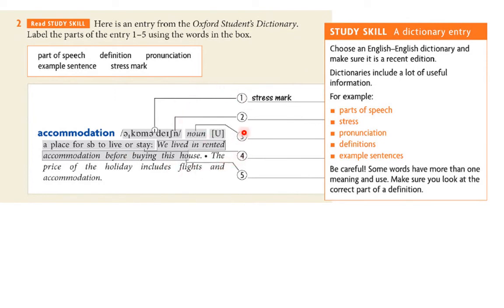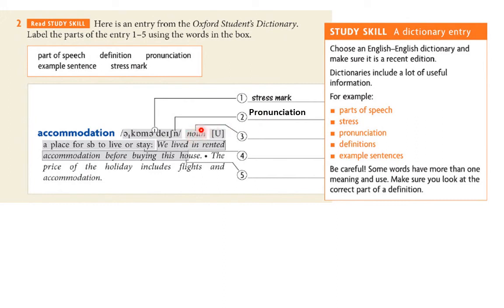Now let's go back again to the exercise, and it's asked to write the part that refers to the part used in the dictionary. For example, this mark is the stress mark, and these letters are the pronunciation, right?